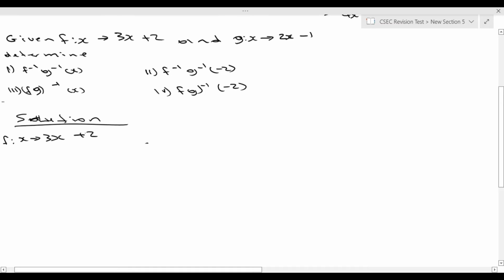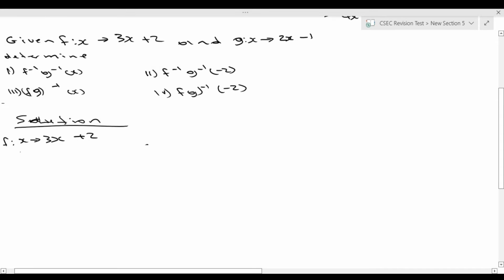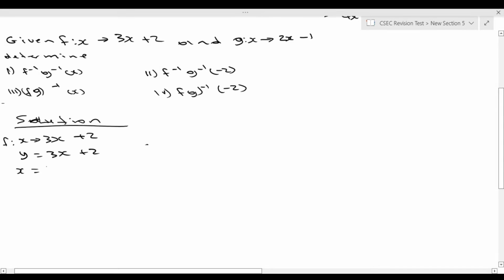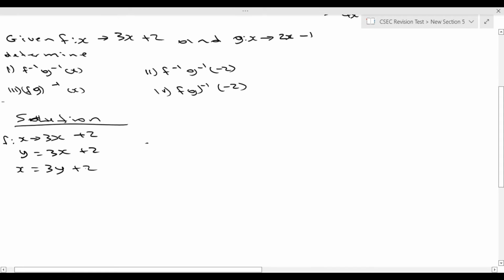The first step in finding the inverse of a function is to define the function, where we're saying y is equal to 3x plus 2. Our next step is to interchange the x for the y and the y for the x. What we will have is our y being x and our x being y.